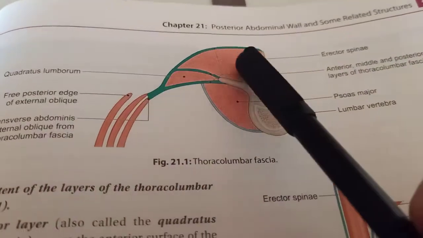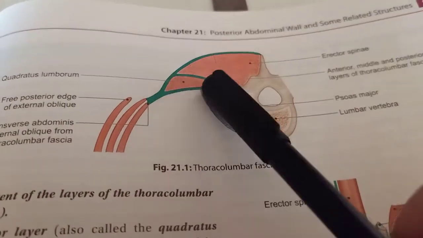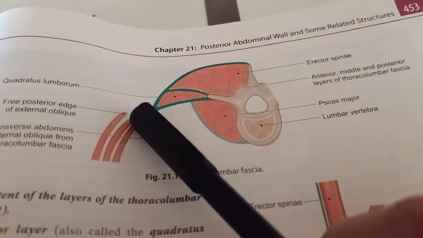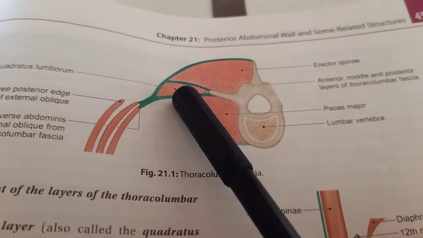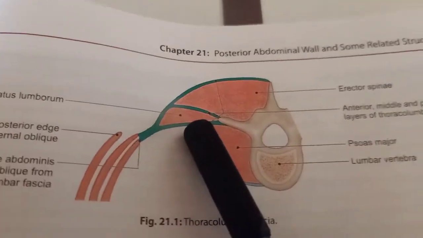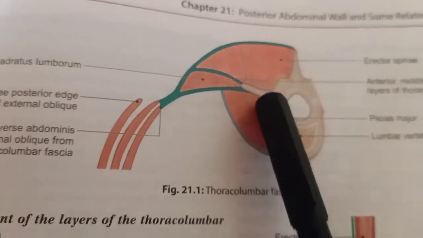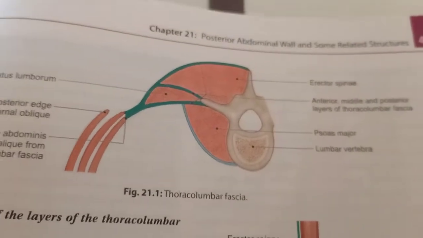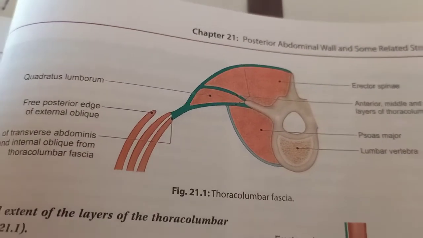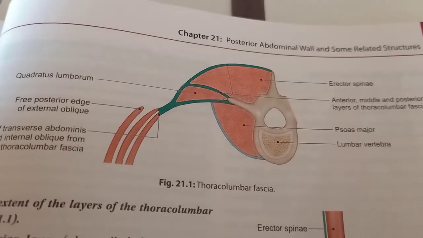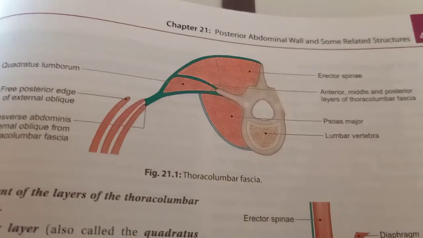Here is the erector spinae muscle, here is quadratus lumborum muscle. So this diagram is very important.